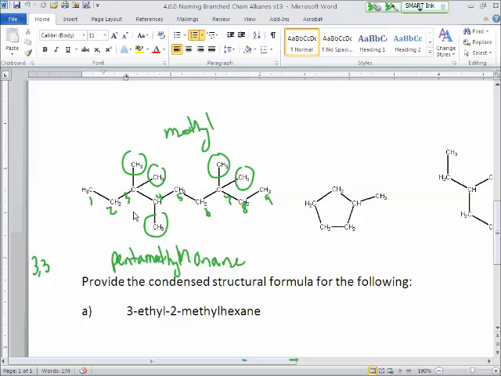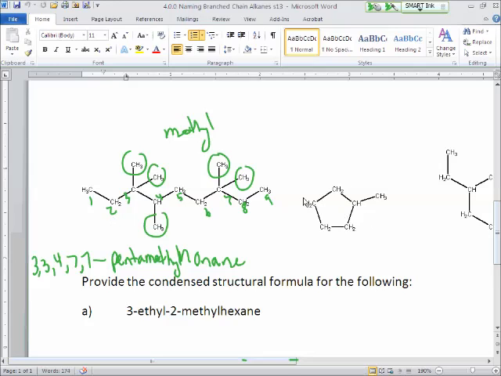So it's 3, 3, 4, 7, 7, dash. Everyone gets their own number. 3,3,4,7,7-pentamethylnonane. All right? What a great name.